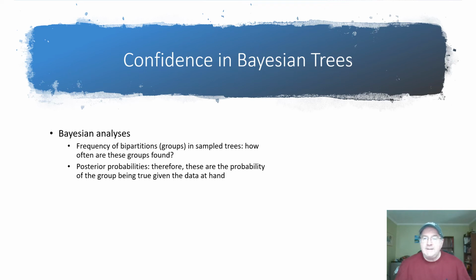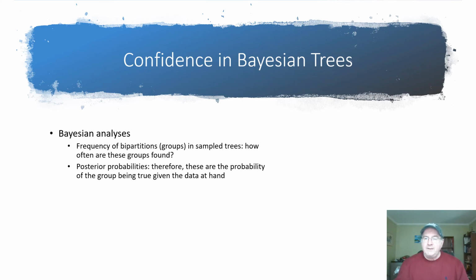Lower values, just like there's no absolute cutoff in an alpha value in frequentist statistics, the value at which you ascribe significance to your result and reject your null hypothesis, there's nothing magic about the posterior probabilities of a Bayesian analysis. Although typically people are looking for something at 90% or higher as a posterior probability.